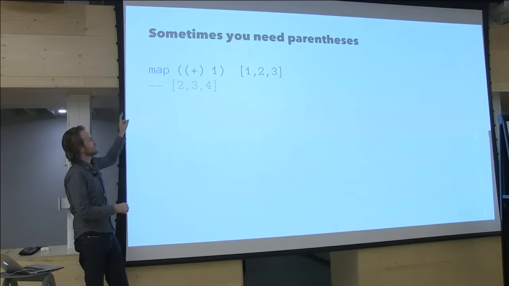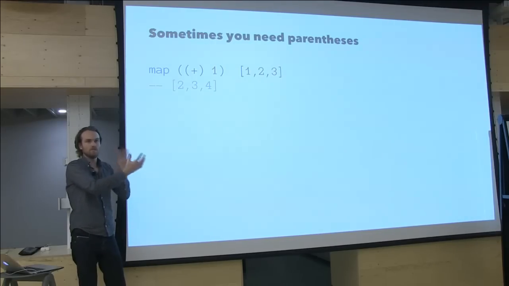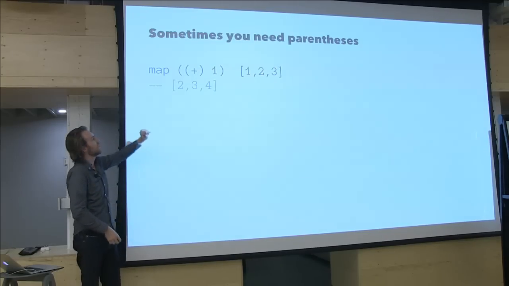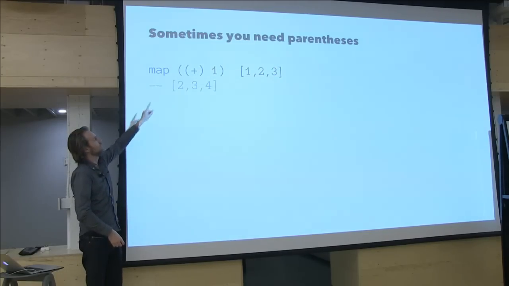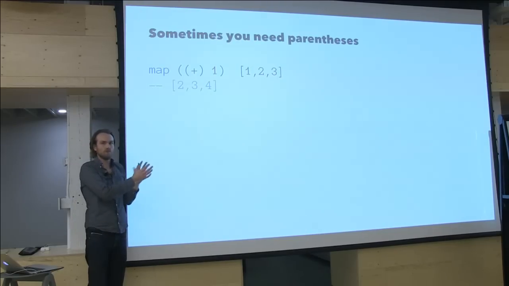Because the argument lists don't have commas between them, you need parentheses around arguments if they are themselves function applications. You can also use an operator as a function if you put parentheses around it.